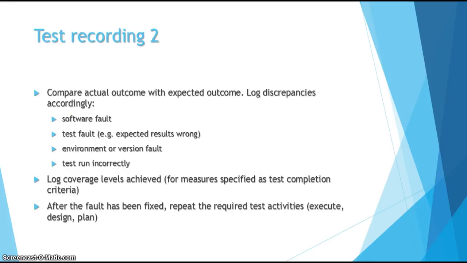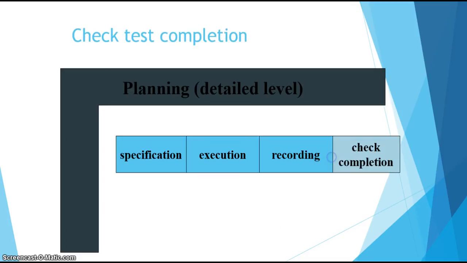In the execution phase, you compare your expected outcome, which was noted down in the test designing phase, with the actual outcome, and you log discrepancies as a version fault, environment fault, or a software fault, or maybe the test run itself was incorrect. And when all the defects have been fixed, you repeat the required activities and have cycles. You will have multiple cycles in one release, and you will decide that at the time of test planning.